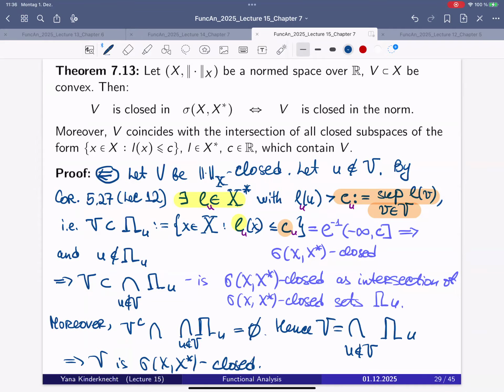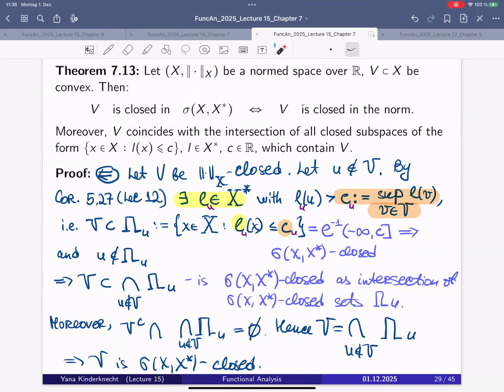So we have shown this implication: if V is closed in the sense of the norm, then it is closed in this topology. Once again, we have used here implicitly that in both topologies we have the same topological dual space.